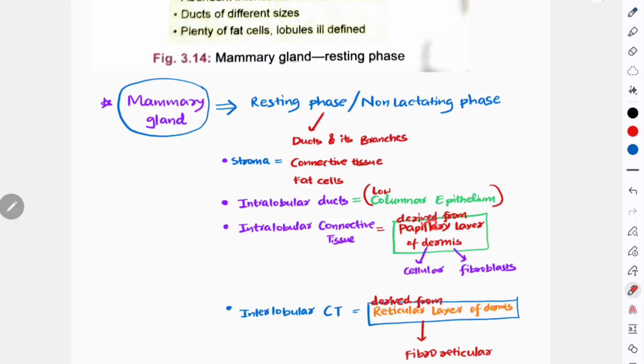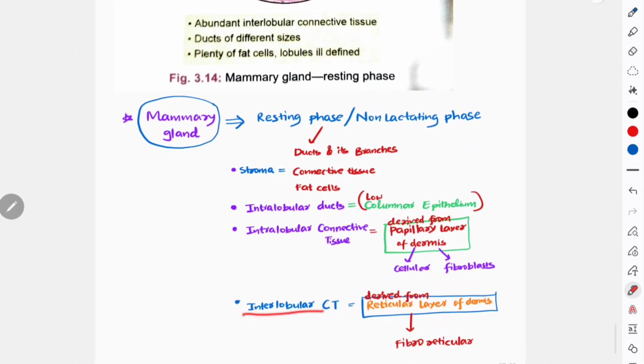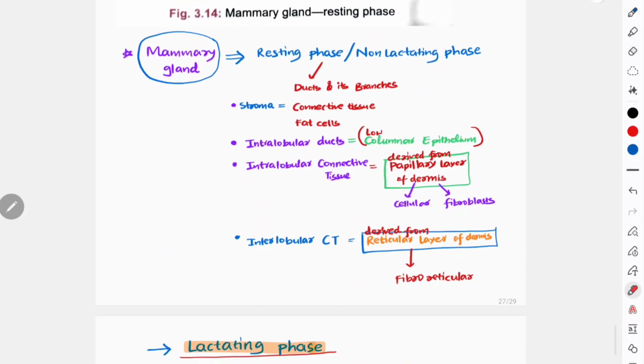Intralobular connective tissue is derived from the papillary layer of dermis, with cellular fibroblasts. Interlobular connective tissue is between two lobes; this is one lobe, this is another. In between these two lobes, the interlobular connective tissue is abundant.